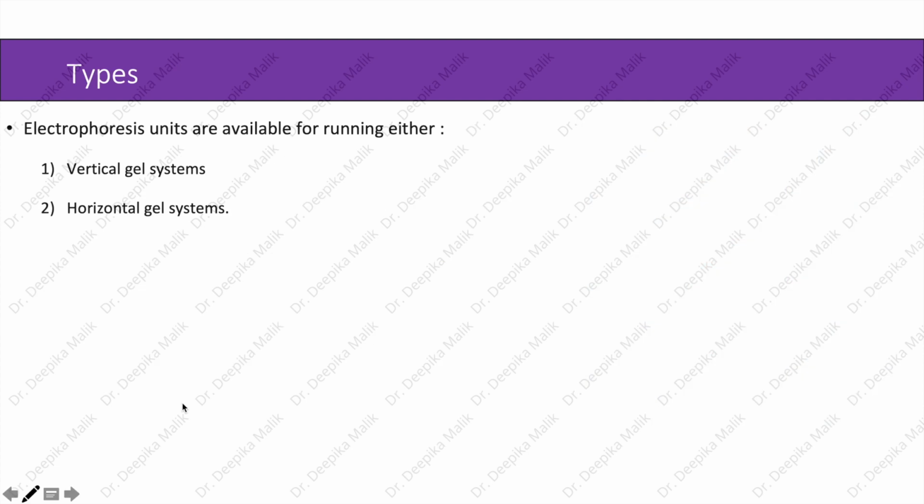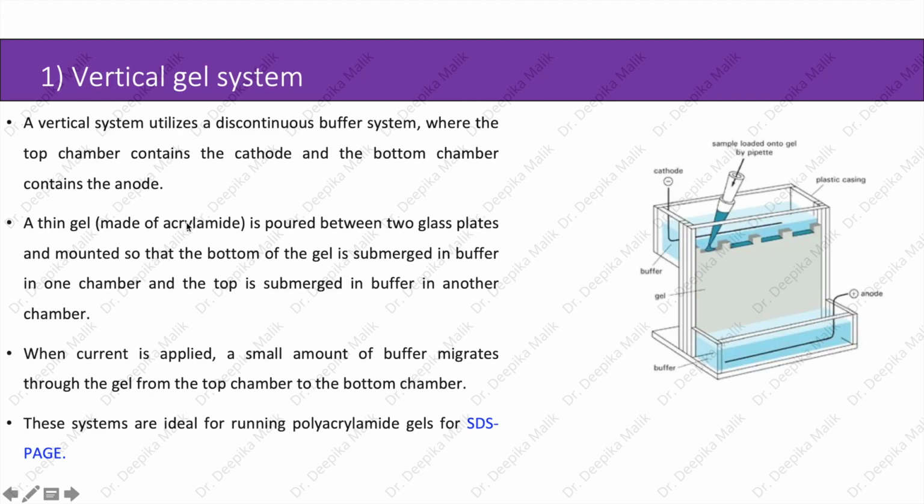Coming to the types, electrophoresis units are available for running either vertical gel systems or horizontal gel systems. Vertical gel system: a vertical system utilizes a discontinuous buffer system where the top chamber contains the cathode and the bottom chamber contains the anode.